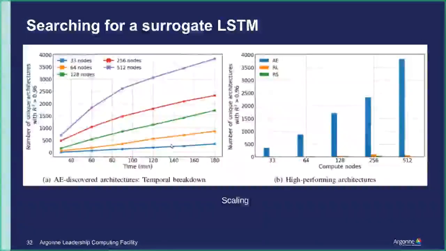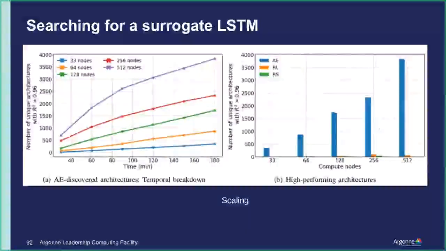Okay, so since this was done at scale, we did some assessments on scaling. And in scaling as well, you can see as we increase the number of compute nodes on Theta, the metric we use is the number of unique architectures which are beyond this particular threshold. We are able to discover more and more architectures. This is using the genetic algorithm, which we call aging evolution, so that's why it's AE.